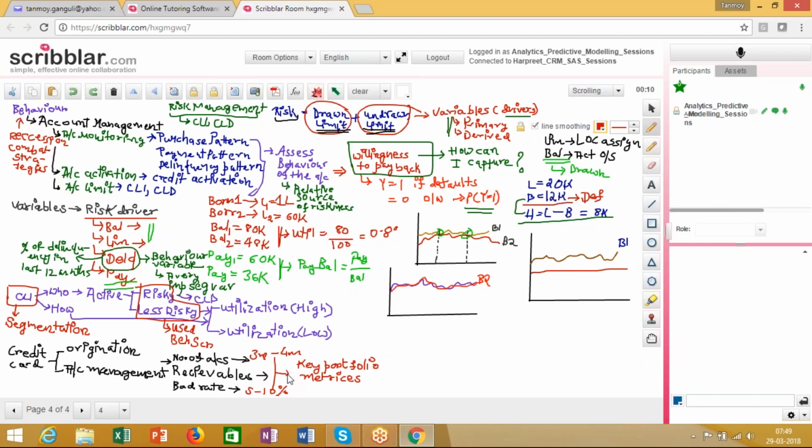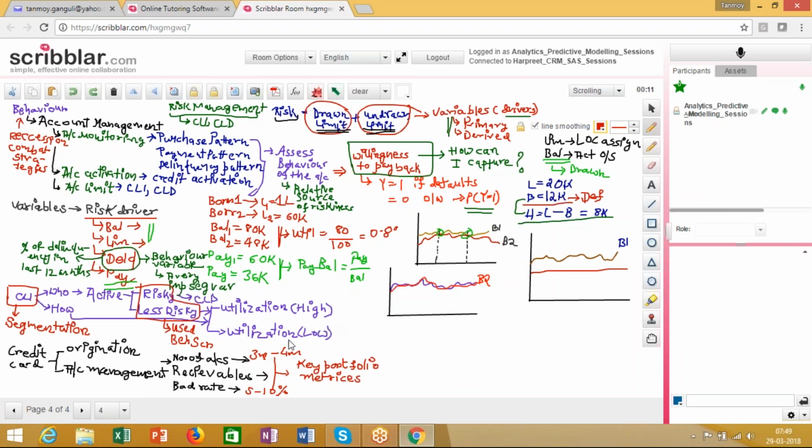So basically, you can take a bank and look into the different products that it has and the different portfolio matrices that it has. Look at the limit that a particular person has, and try to understand what exactly the distribution of the limits is across accounts, and from there you can find out the total receivables.